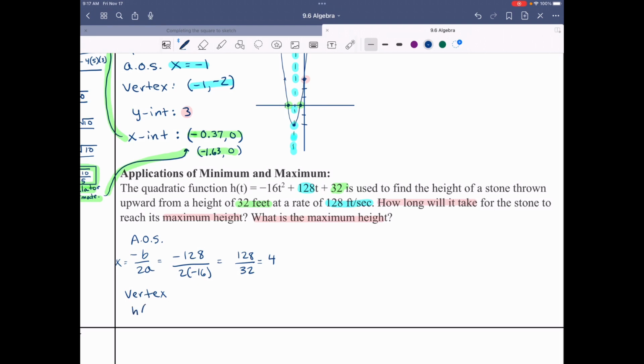So what is the height at 4? Since it's the height at 4, 4 is actually seconds, and now we're trying to figure out feet. So we plug in 4.